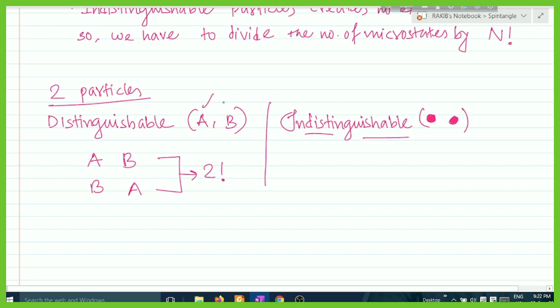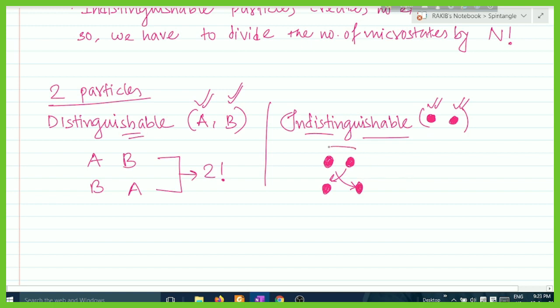You can distinguish them individually in case of distinguishable particles, say this particle is A and this particle is B. In case of indistinguishable particles, you are not supposed to choose which particle is A and which is B. That means you can arrange them like this particle in this place, and this particle in this place. Rearranging these particles, saying this particle comes here or goes there, does not create any other state.